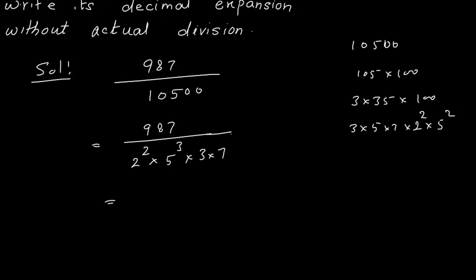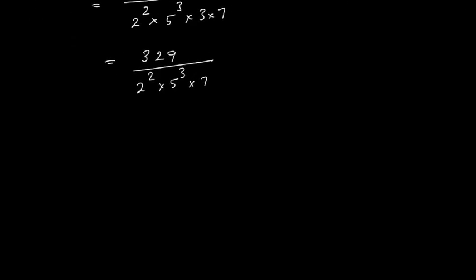So 3 3s are 9, 3 2s are 6 and 3 9s are 27, so 329 divided by 2 power 2 into 5 power 3 into 7. Now this 329 is divisible by 7. So let us divide this by 7. 7 4s are 28 and 7 7s are 49. So 47 upon 2 power 2 into 5 power 3.